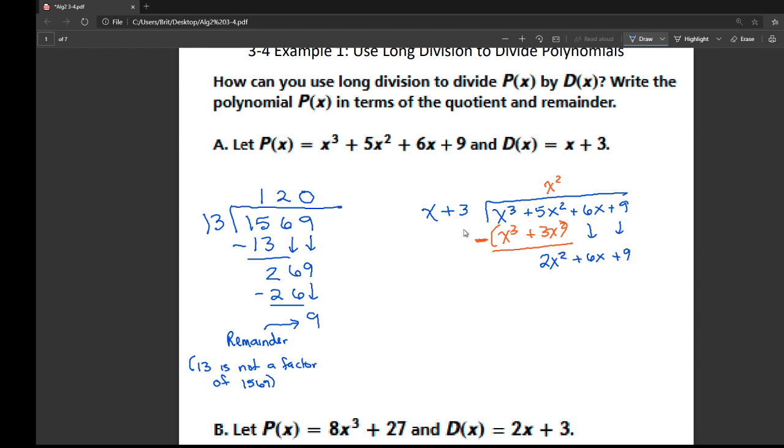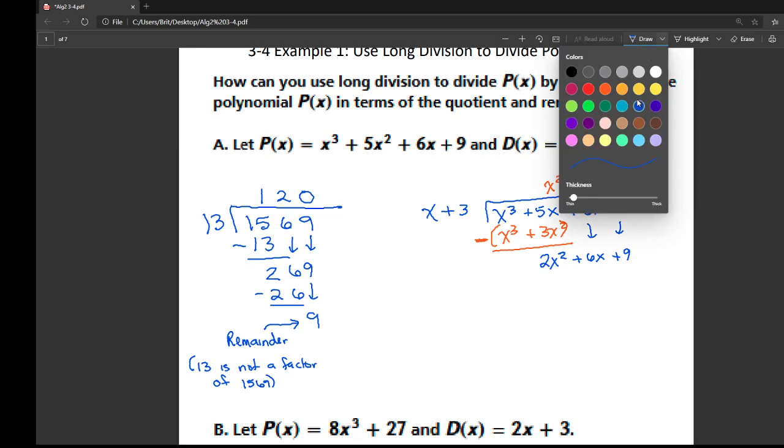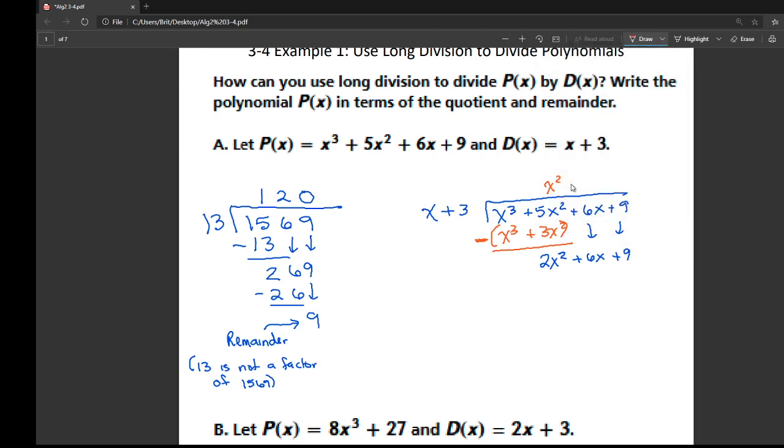Alrighty, so now I ask myself, what times x makes it look like 2x squared? Well, I would certainly need a 2, wouldn't I? So I need a 2, and then I need another x. So now 2x times x is 2x squared, and 2x times 3 is 6x.